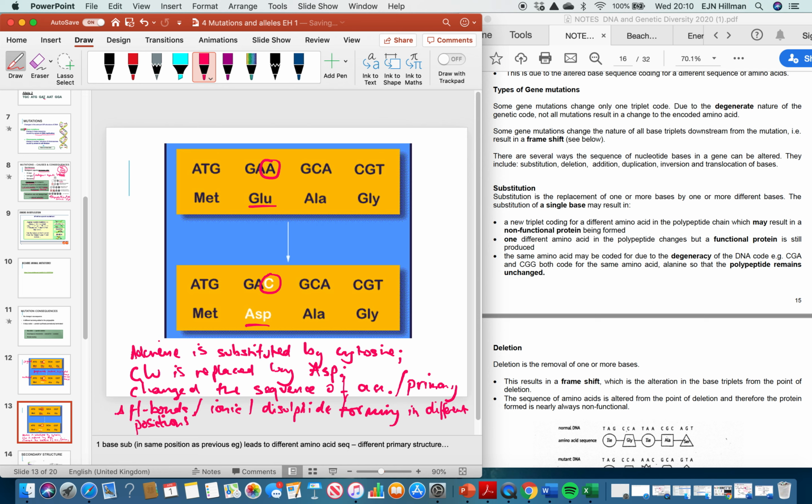Now this marking point is really important, because if they form in different positions, that changes the tertiary structure.